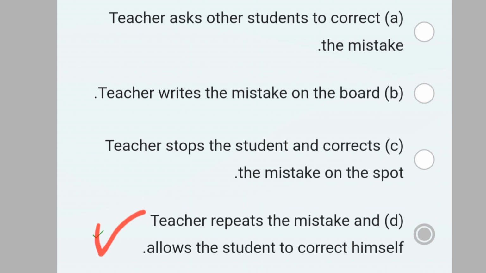A. Teacher asks other students to correct the mistake. B. Teacher writes the mistake on the board. C. Teacher stops the student and corrects the mistake on the spot. D. Teacher repeats the mistake and allows the student to correct himself.